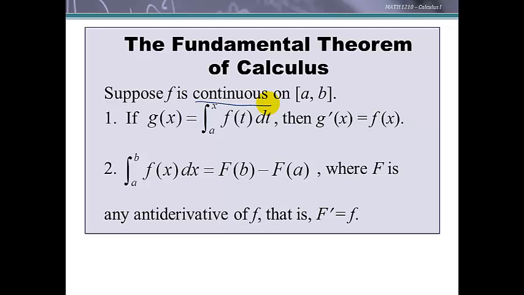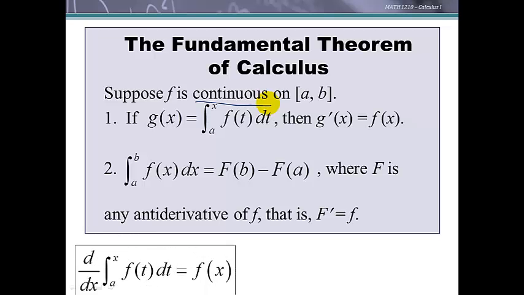And part 2, if we have the integral from a to b of f of x dx, then that equals capital F of b minus capital F of a, where capital F is any antiderivative of the function. So anything where the derivative of capital F equals f. So the derivative and the integral, when we meet the conditions, undo each other.